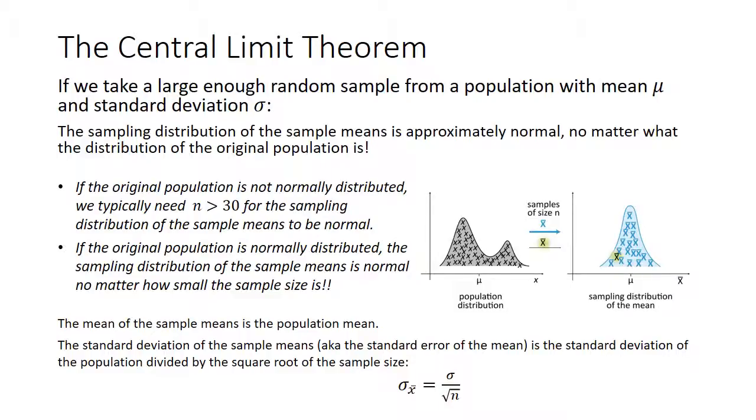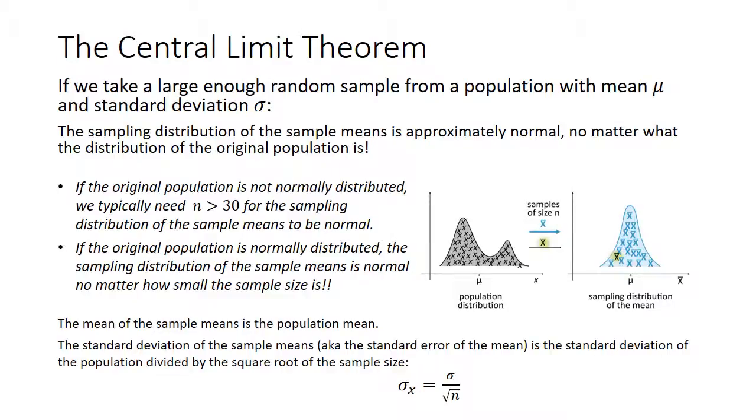If our original population is normally distributed, we actually can say that the sampling distribution of the sample means is normal, no matter how small the sample size. We may have a really high standard error of the mean if our sample size is too small, but we will have a normal distribution for the sample means.